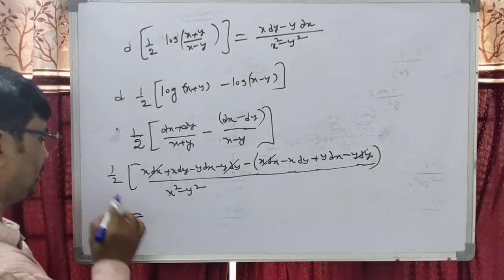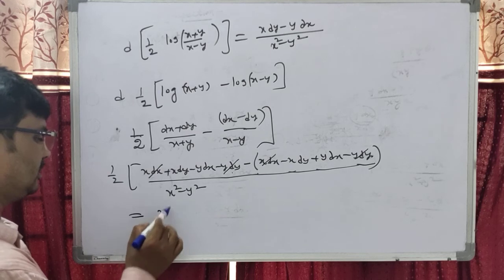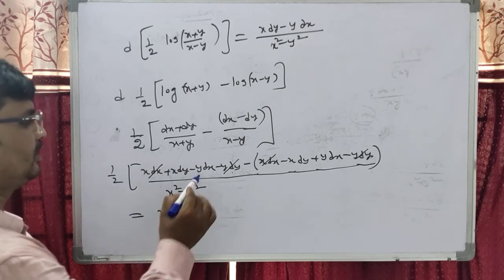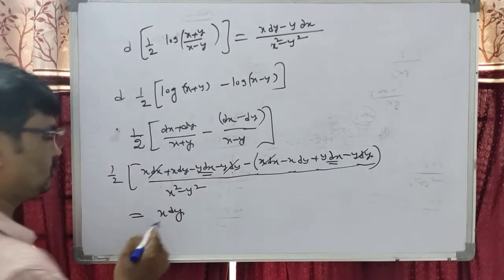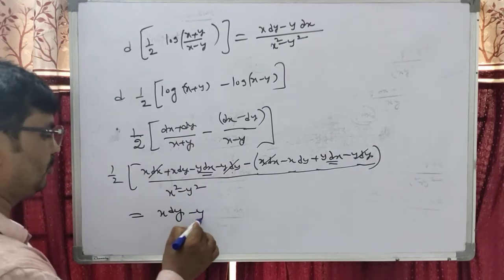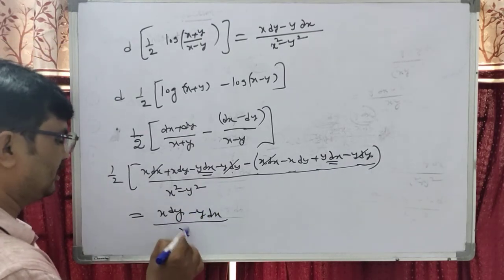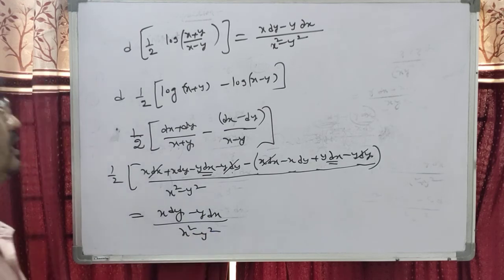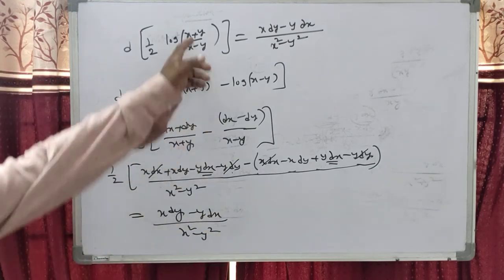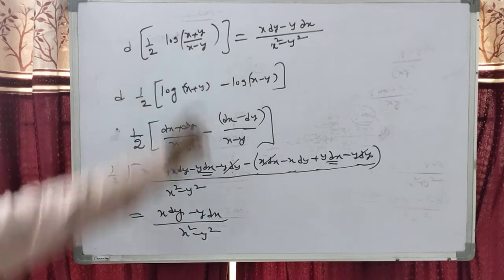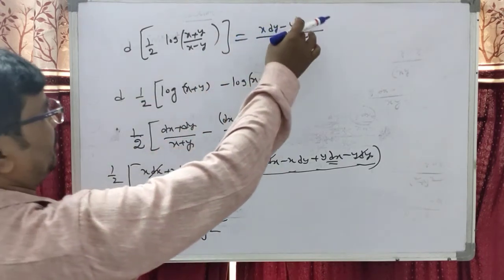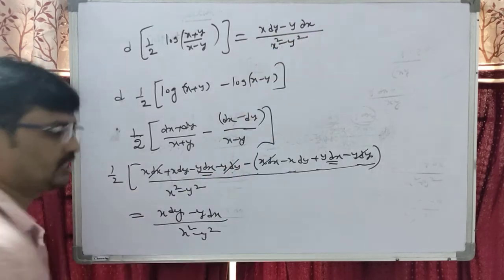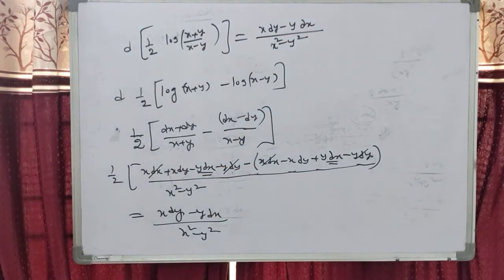You can write simply 2x dy, 2 cancels, x dy. This is minus y dx, and this is also minus y dx, so minus 2y dx; minus 2 is common, minus y dx by x square minus y square. When you observe log of x plus y by x minus y, you can write x into dy minus y into dx upon x square minus y square. That is one technique, students.